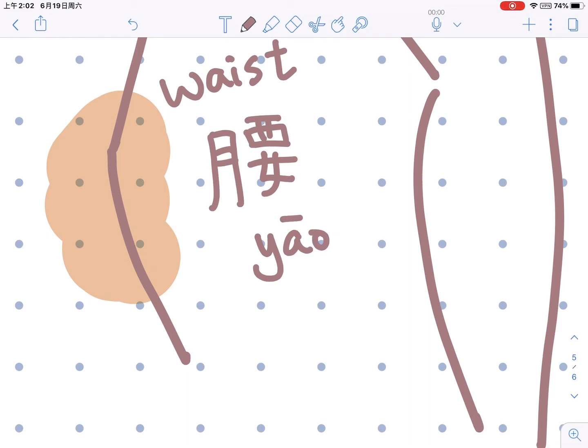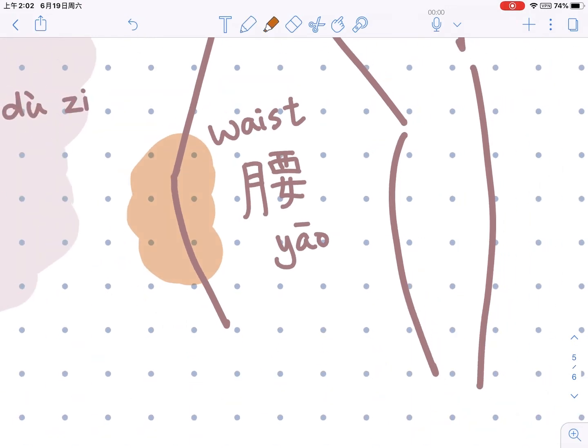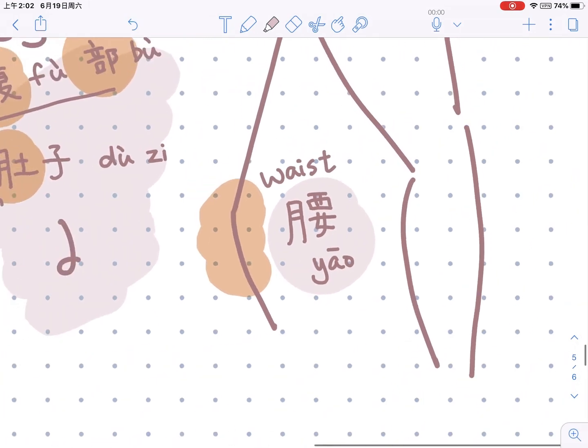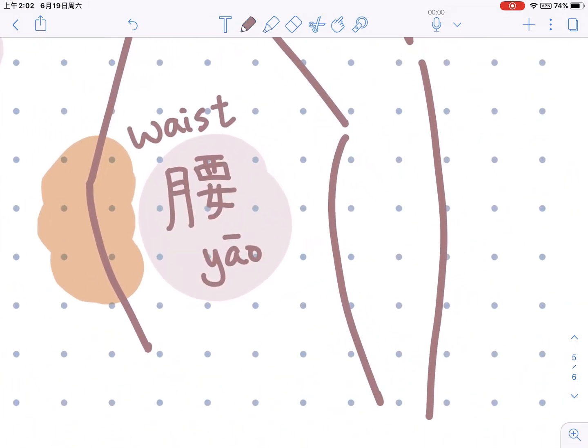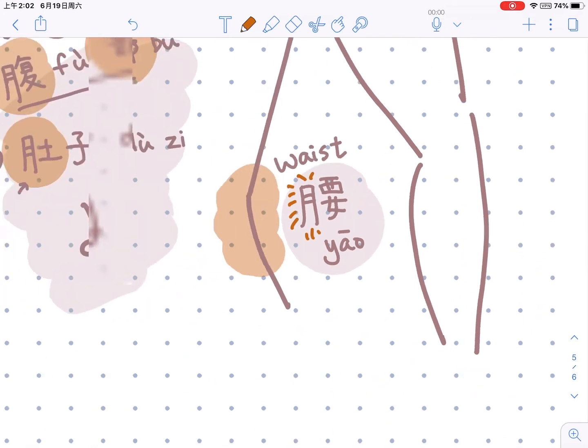Here, the first tone. That's it. 腰. Okay, and again, just to mention, did you see the 月 here? Did you see the 月 here? Which indicates, oh okay, this word has something to do with organ, meat, or just body part.